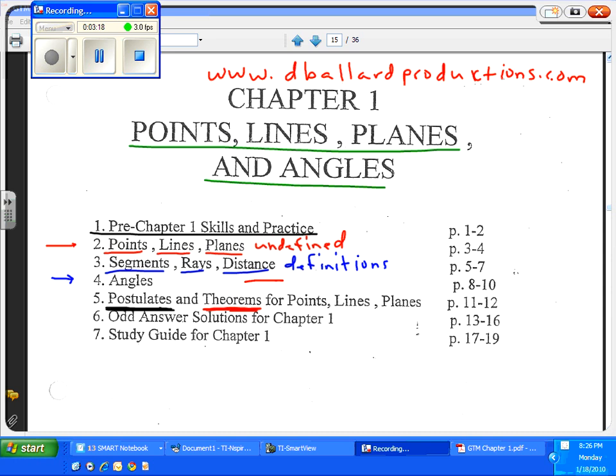Theorems will be rules that are based upon rules that we've already learned before, to where we can take several things and say, well, because of this rule, we can conclude this, and because of another rule, we can conclude that. And when we put all these things we can conclude from these rules together, we come up with a new rule. That would be a theorem, a rule based on other rules and logical thinking.